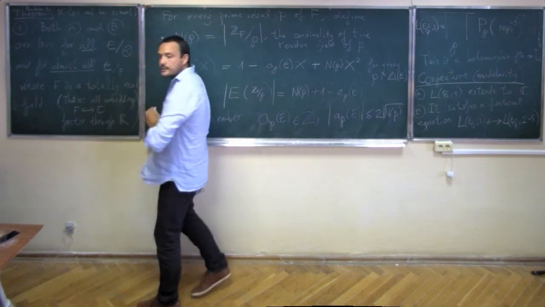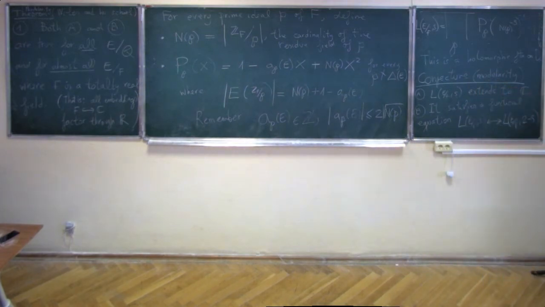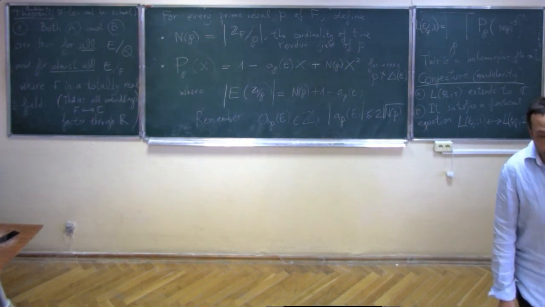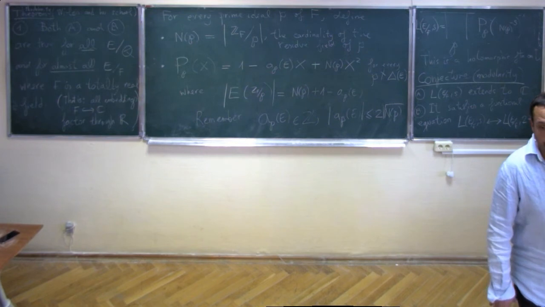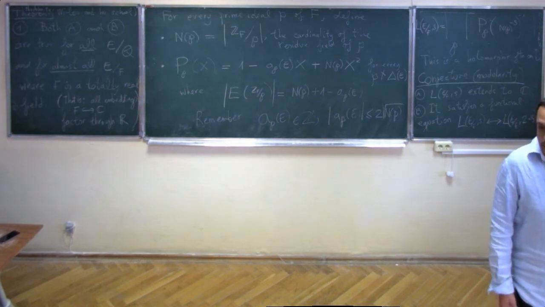This is the definition of a totally real number field. For instance, if I take Q of the square root of d, if d is a positive number, this is a totally real field. If it is negative, this is not totally real. A cyclotomic field, in which you adjoin to Q a root of unity, is never a totally real field unless the root of unity that you took was 1 or -1.